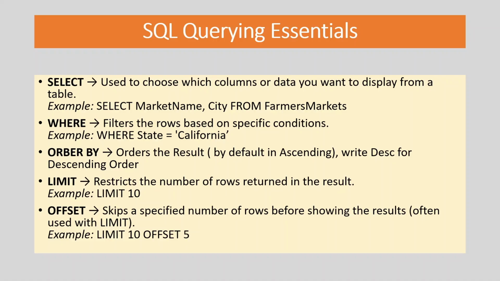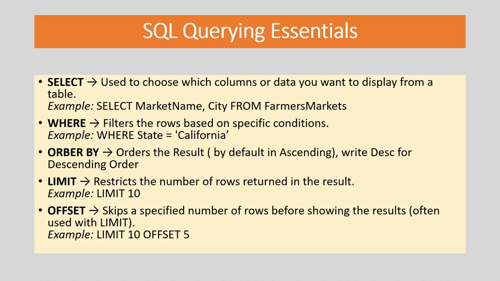This clause is basically used to order or sort the result. By default, it will sort the result in ascending, but we can also use this to sort the result in descending order. All you need to do is order by DESC. When you mention it, it will sort the data in descending order.